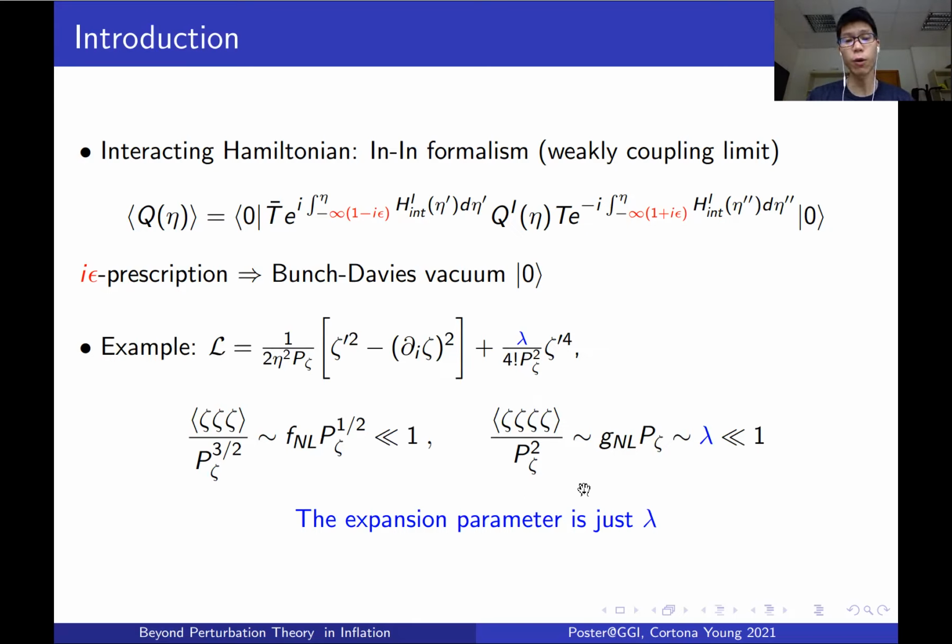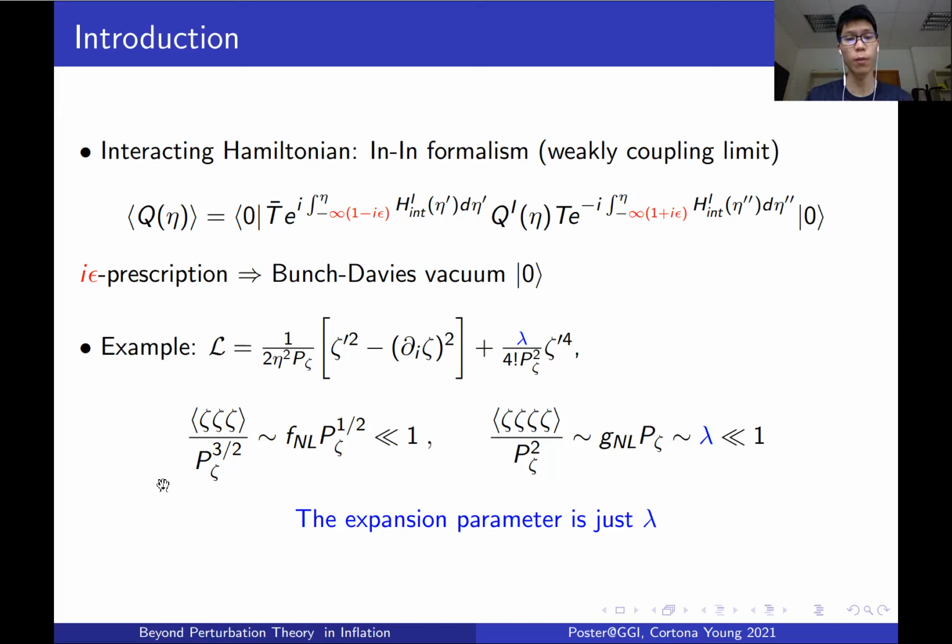It turns out that this parameter goes like g_NL times P_zeta, where g_NL is the typical parameter for non-Gaussianity of the 4-point function. This turns out to be just lambda, the coupling constant of the theory. As long as this lambda is less than 1, you are inside perturbation theory.